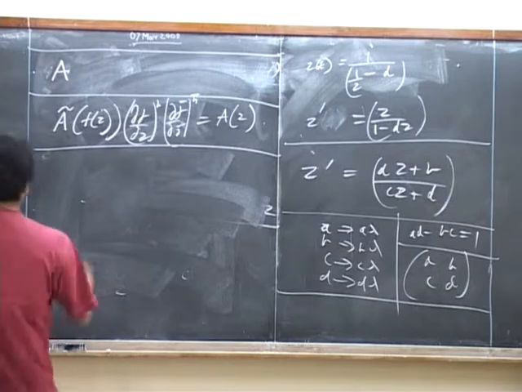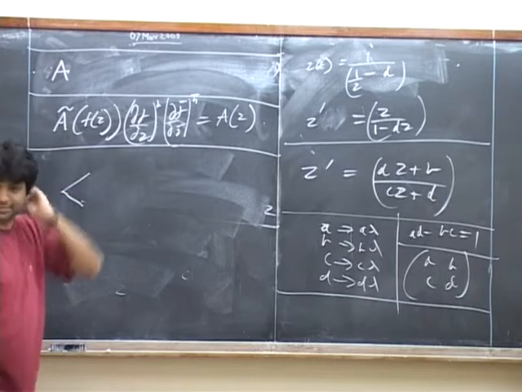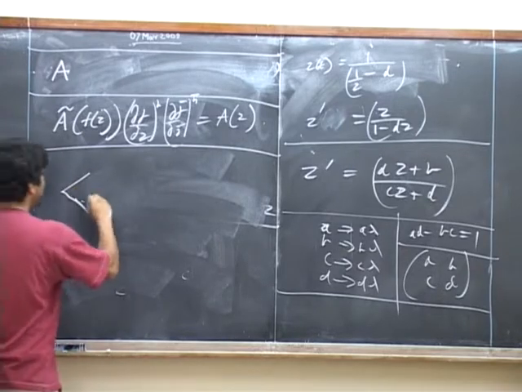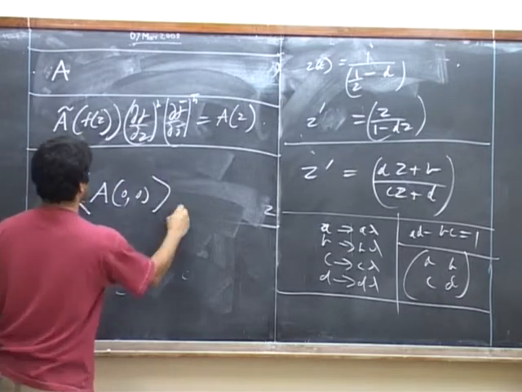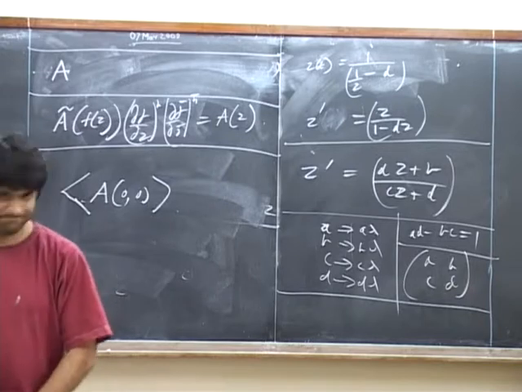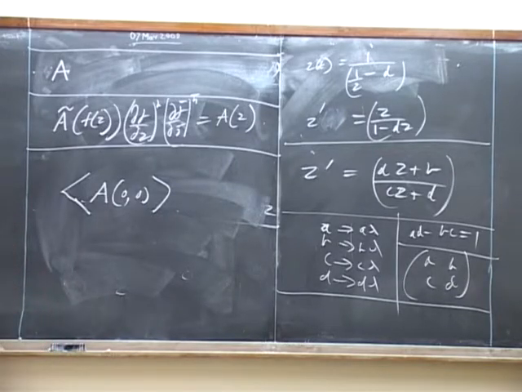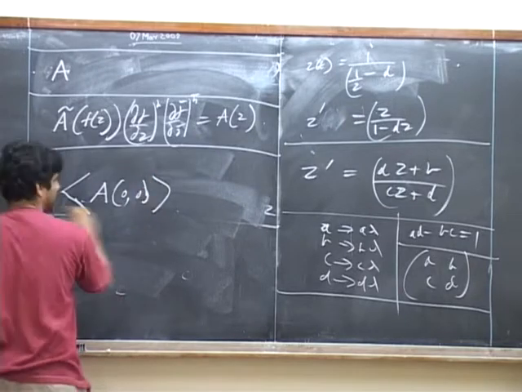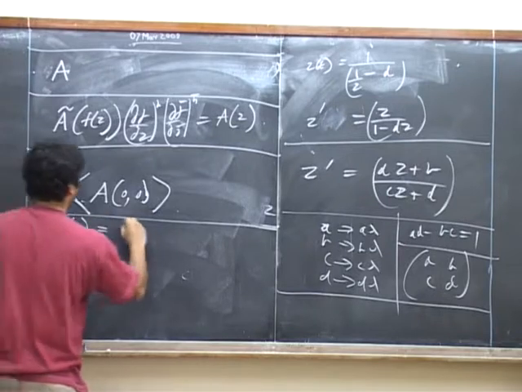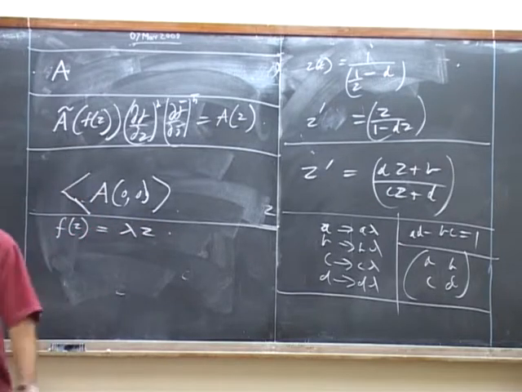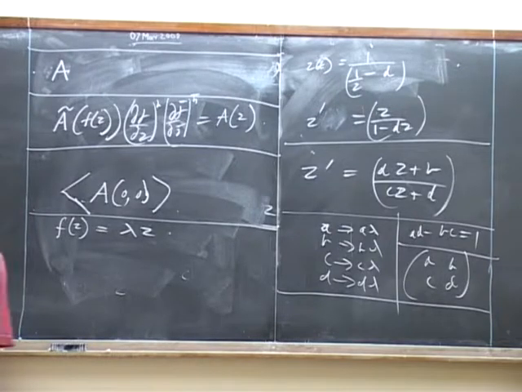Okay, so let's start. The simplest question we're going to ask is the following: what is the one-point function of A(0,0)? What can we say about it? In order to do that, let's choose f(z) to be equal to λz.